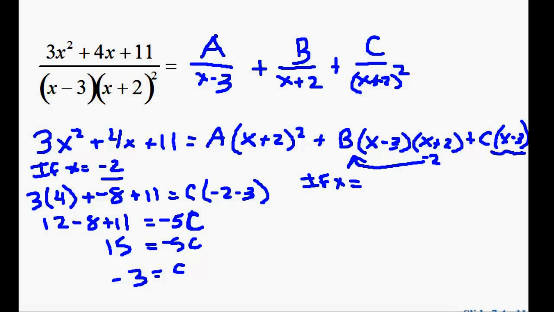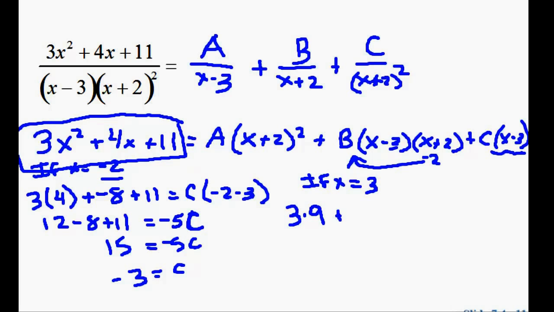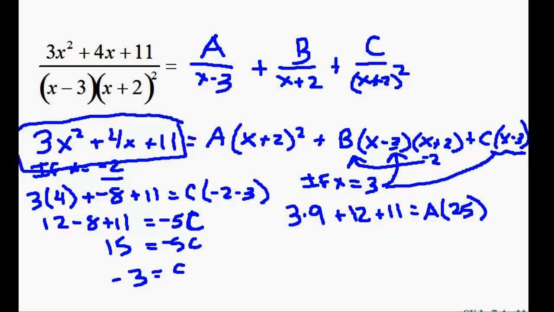So if x is equal to 3, now we want to go back to the original left-hand side of the equation, and we will get 3 times 3 squared, which is 27, plus 4 times 3, which is 12, plus 11 equals a times 3 plus 2, which is 5 squared, which is 25, plus on the b, we have 3 minus 3, so it's going to be 0, and the b is gone, and the c is gone because we have 3 minus 3.